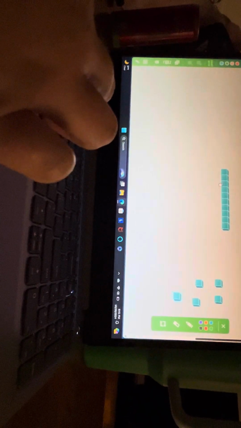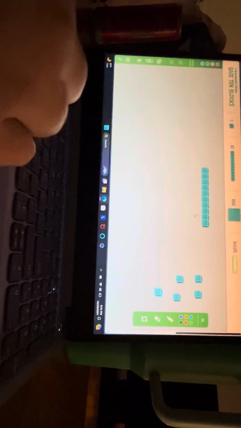So again, we have our block here, our tower, that consists of 10 of those 1 blocks. So 1, 2, 3, 4, 5, 6, 7, 8, 9, 10. So we have 10 of those little blocks in there. So we only have 1 tower, right?